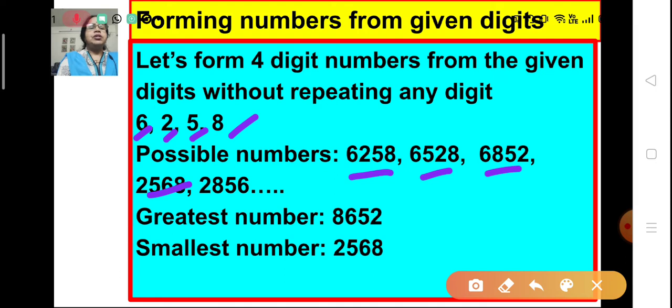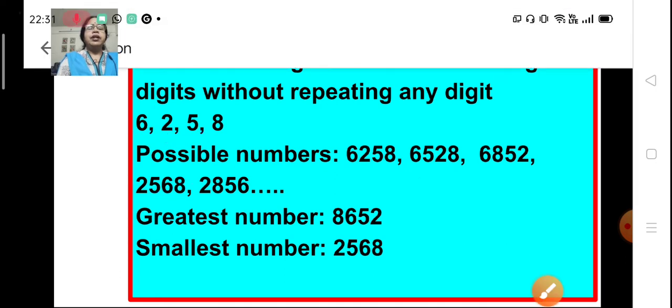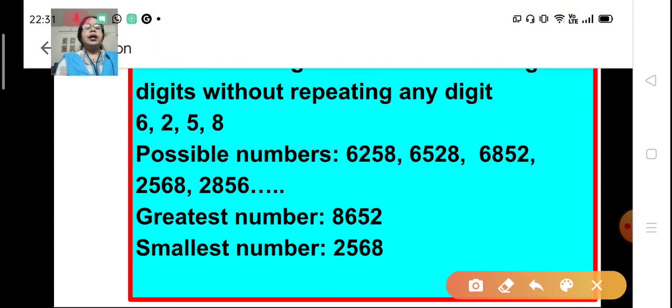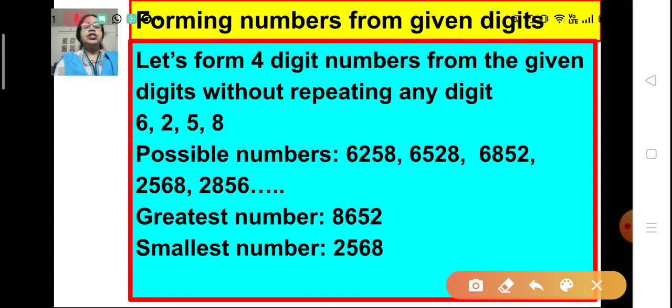All these numbers we get by different arrangements of digits. And how do we get the greatest number and the smallest number? Children, we get the greatest number when we arrange the given digits in descending order. Like here we have taken all these digits in descending order, then we get the greatest number.